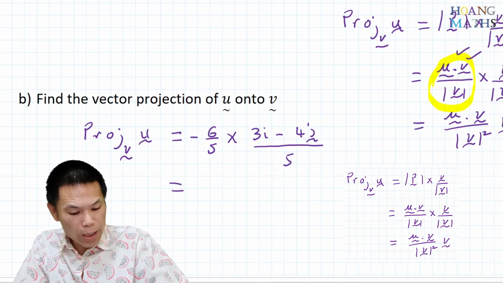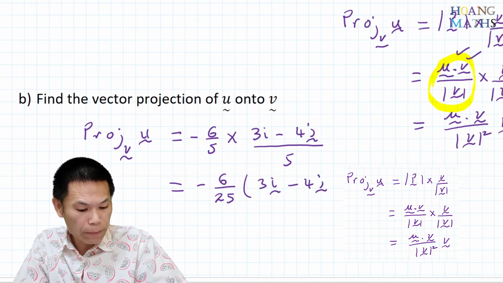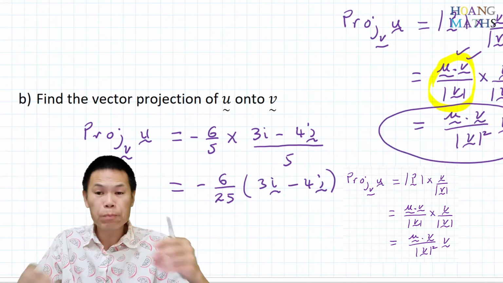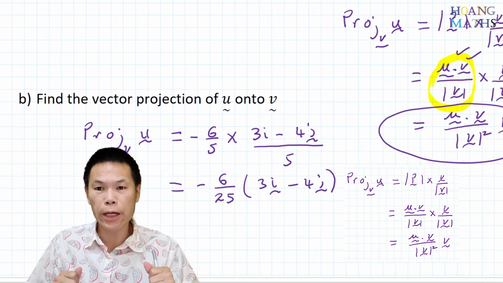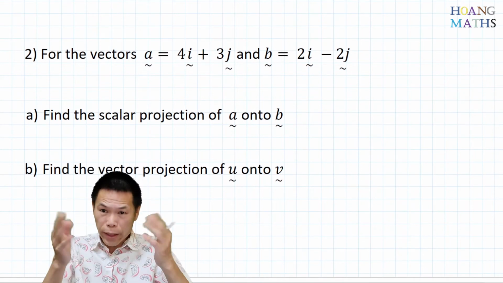So that will give me negative 6 over 25 times the vector v, 3i minus 4j. So there you go. Otherwise, you can just use this formula straight away if you like. Please pause the video and try this one yourself.